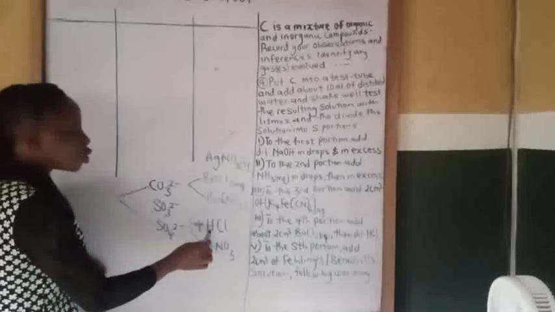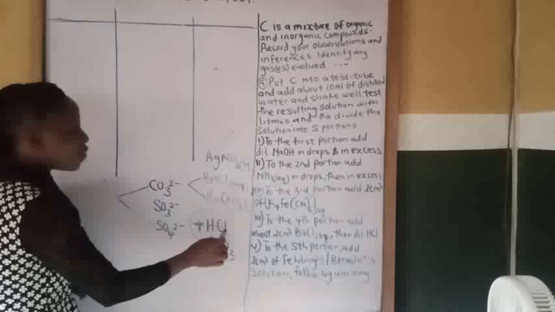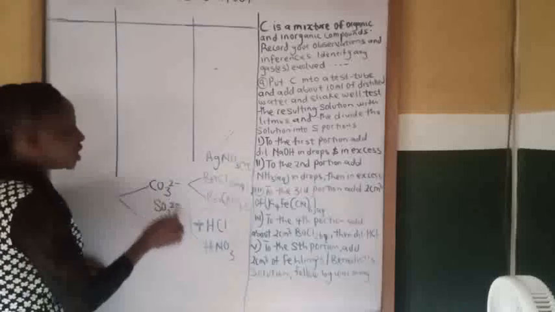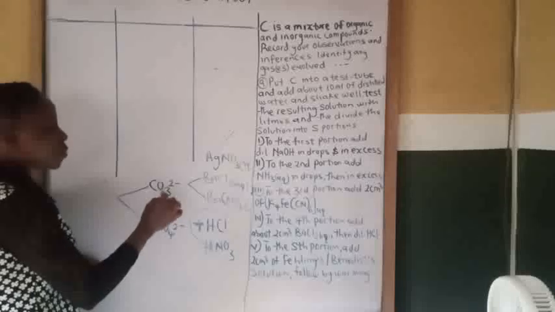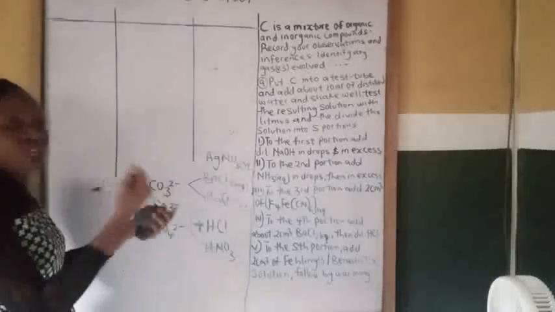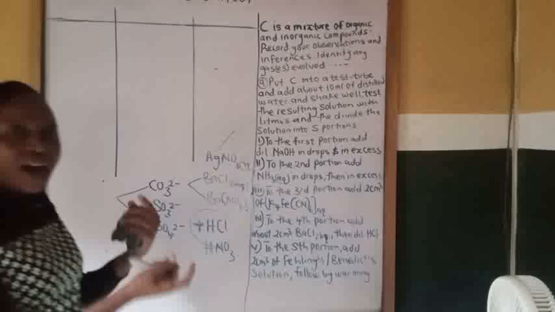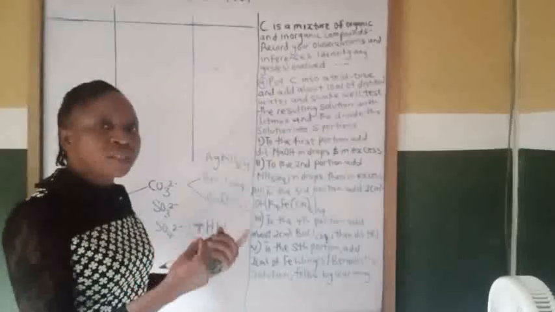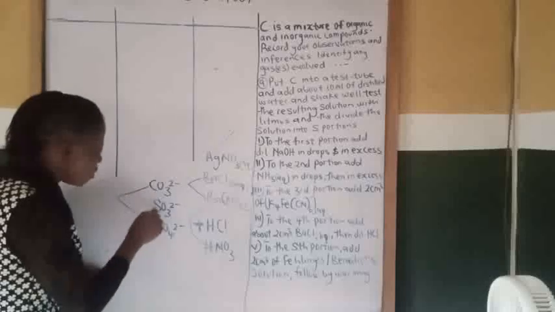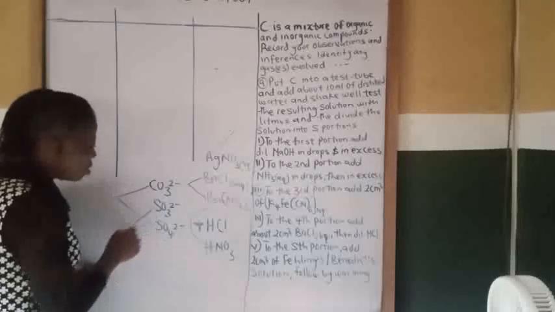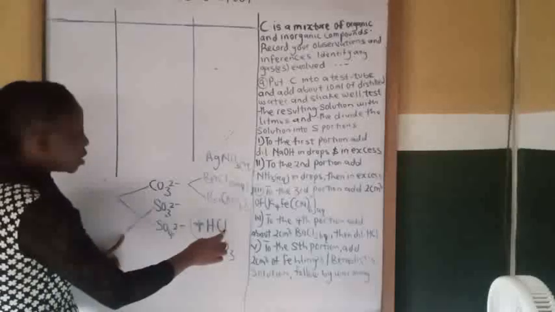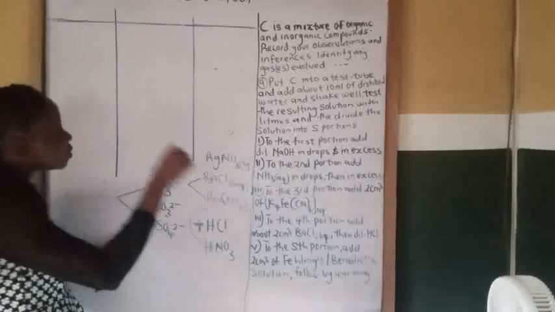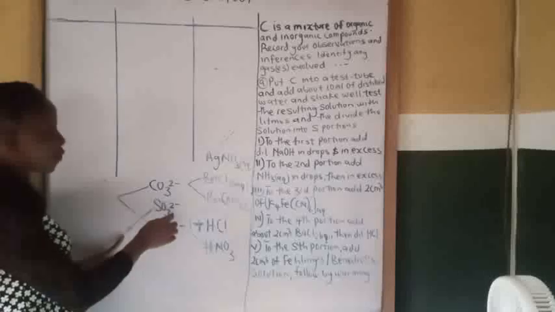On addition of hydrochloric acid, if it is CO3, the white precipitate will dissolve to give you effervescence of that colorless and odorless gas, which turns lime water milky. Then, if it is SO3 2-, on addition of HCl, the white precipitate will dissolve.